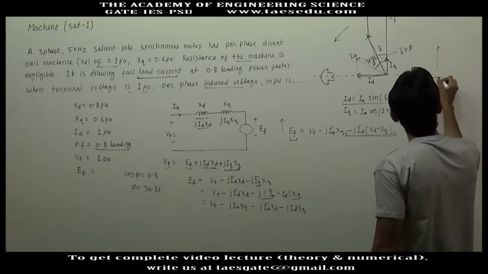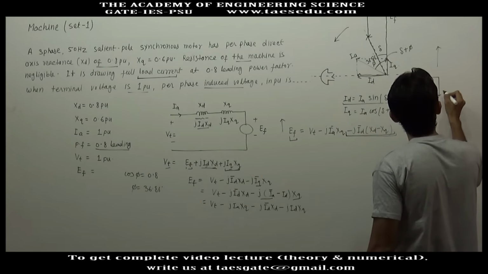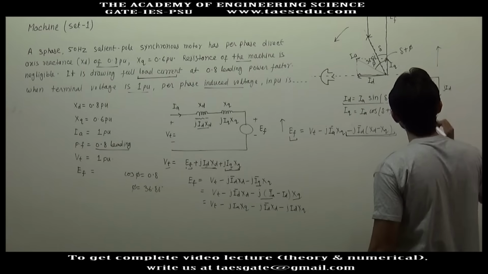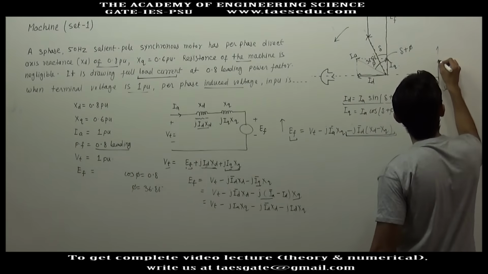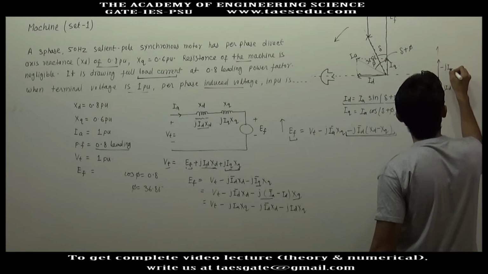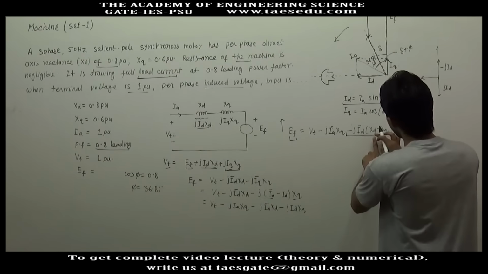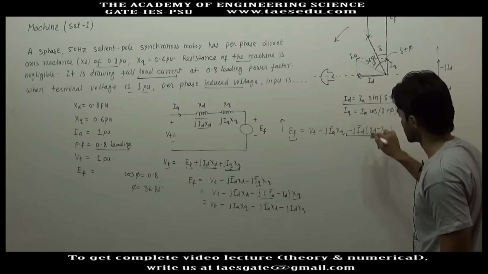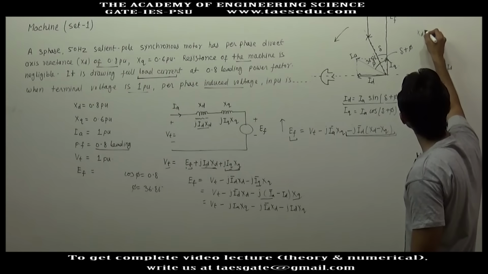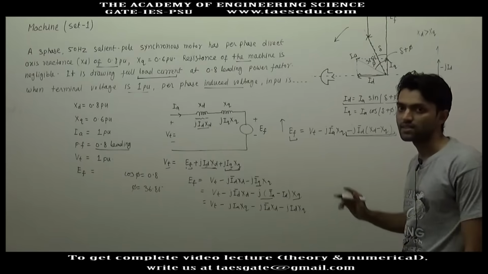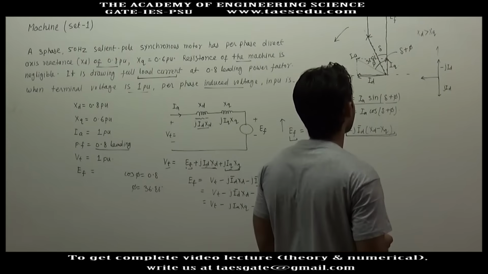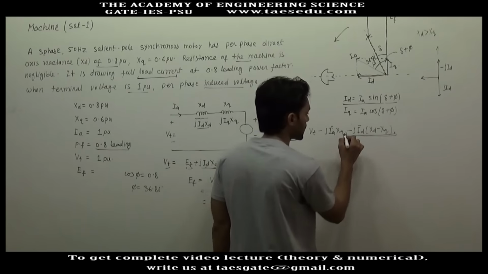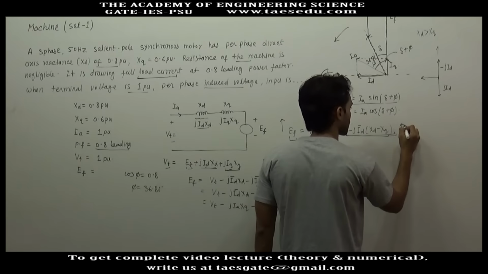The direction of Id is this, the direction of jId is downward. So what will be the direction of minus jId? Minus jId will be in upward direction. And Xd minus Xq is always positive because Xd is always greater than Xq. The direct axis reactance is always greater than Xq. Okay, so what we find, the direction of this vector is in upward direction.